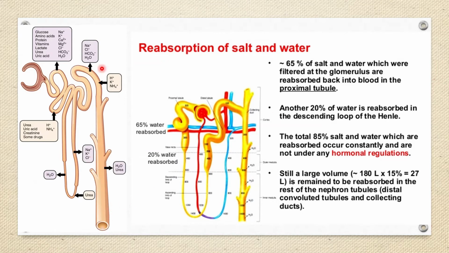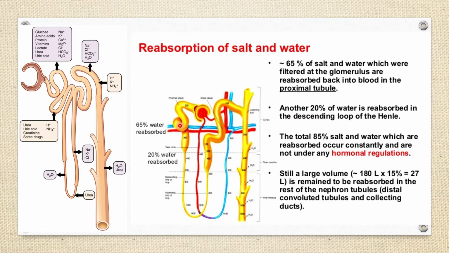So what happens is that when water passes through the tubule, water with other solutes along the tube, there will be water and salts reabsorption. So 65% of salt and water which were filtered at the glomerulus are reabsorbed back into the blood in the proximal tubule. So the proximal tubule, the location is over here.